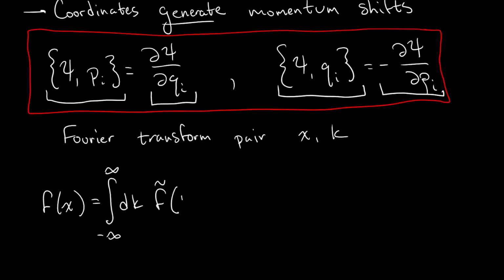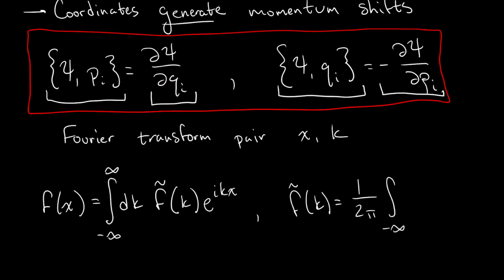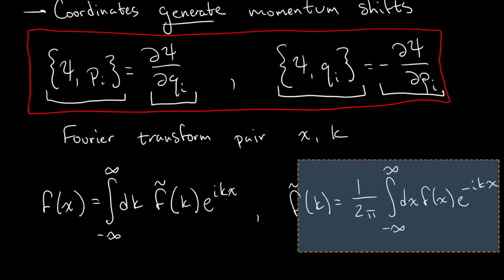So I have my Fourier transformed function, f tilde of k, is equal to 1 over 2 pi integral minus infinity to infinity dx f of x e to the minus ikx. Okay, so these are Fourier transform relations.